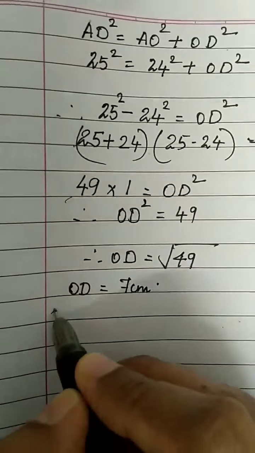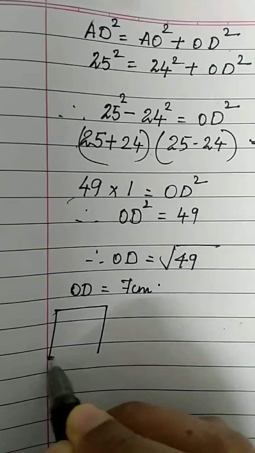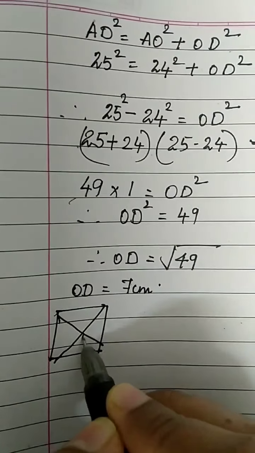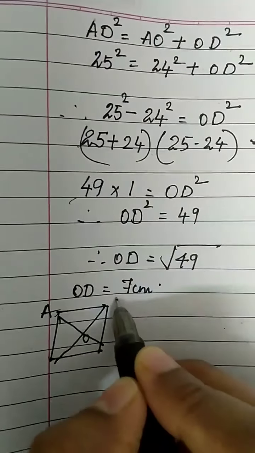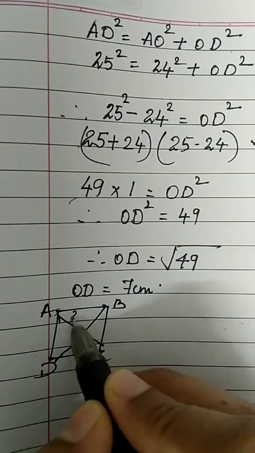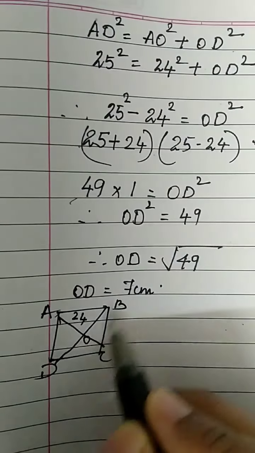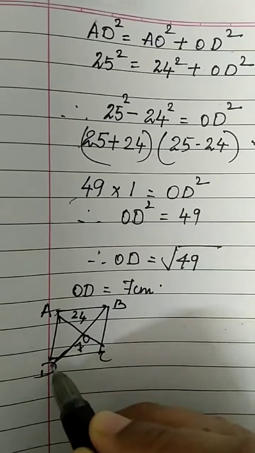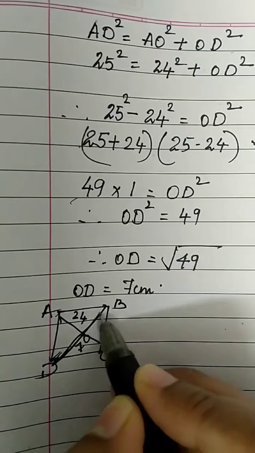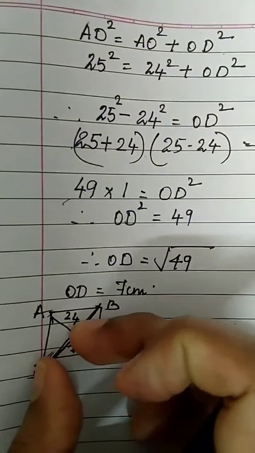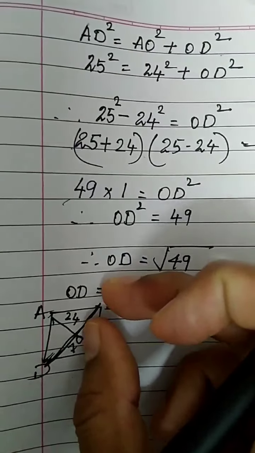What was OD? For the rhombus, when two diagonals intersected at O, we named it A, B, C, D. AO we got 24 and OD we are getting as 7. So if OD is 7, how much will be the whole diagonal DB? 7 this part, so the other part will also be 7, no?